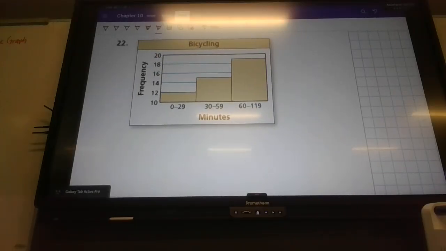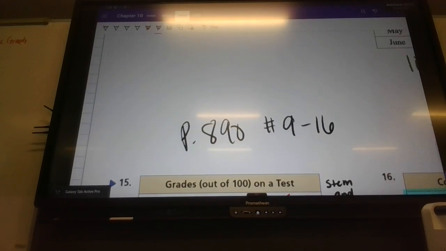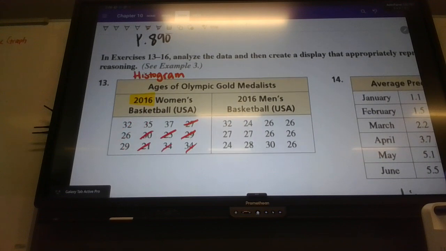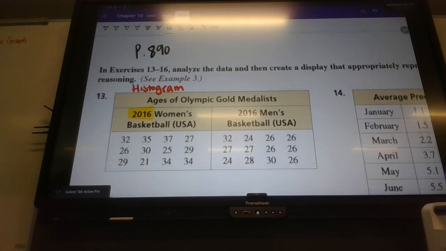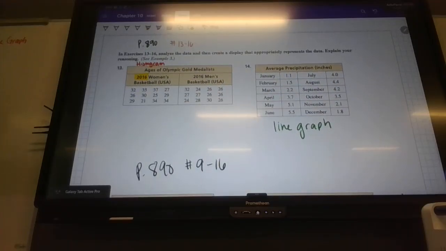That's a histogram. This is now classwork. Page 890, number 13 to 16.